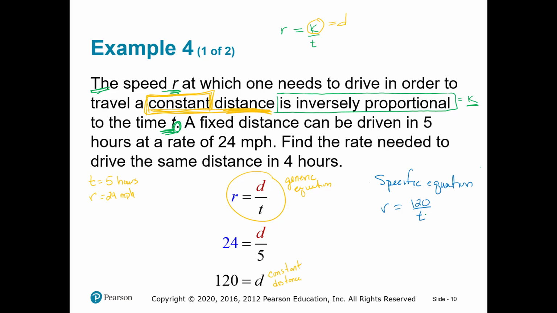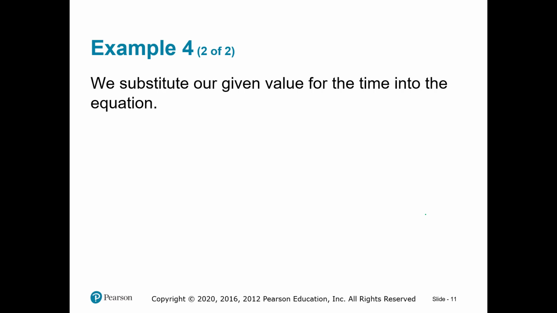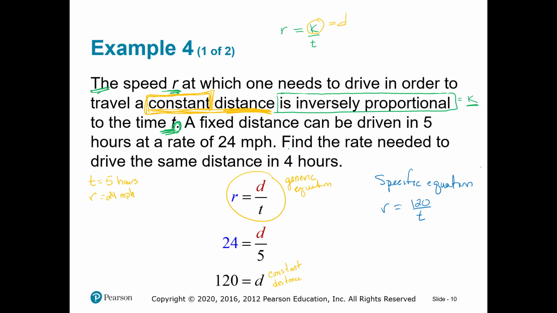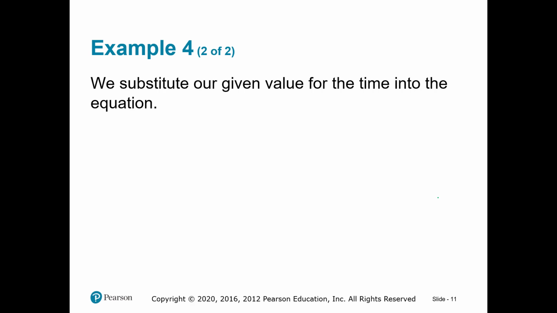Okay, so let's take a look at this. They want to know, by the way, they want us to find the rate needed to drive that same distance in 4 hours. Well, I have my distance. My distance is 120 miles, isn't it? That was your k. That was your constant. So, we substitute the time in.